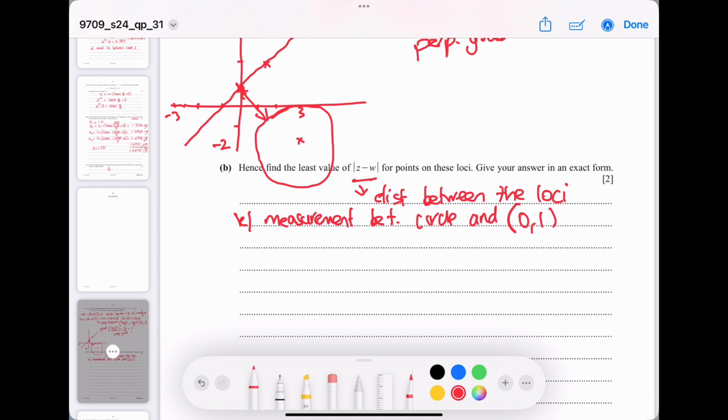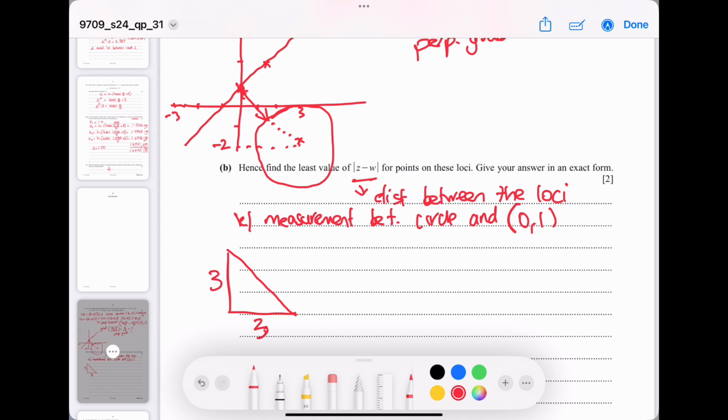So what we can do here is to imagine that the line is going all the way to the center of our circle from this point, and we can form ourselves a right angled triangle. So if this point is our center of 3, -2, then our horizontal measurement would be 2. Oh, I'm so sorry, 3. And our vertical measurement would be 3.